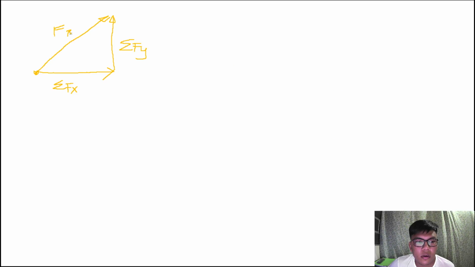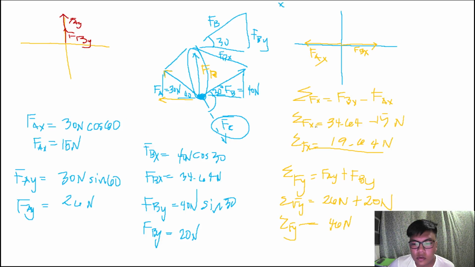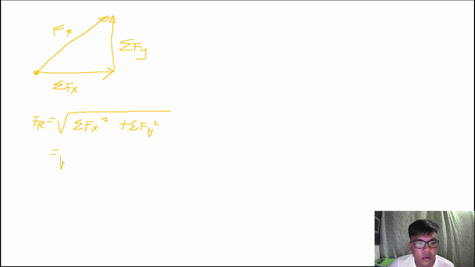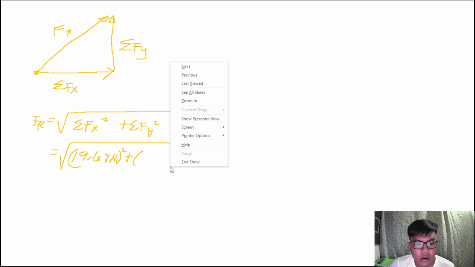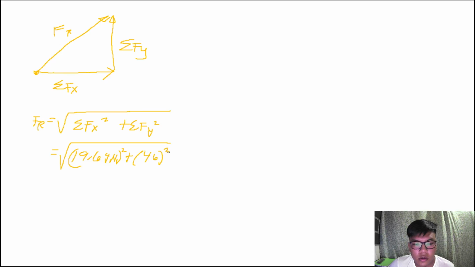FR. Okay, so FR now will be equal to square root of summation of Fx squared plus summation of Fy squared. So we have 19.64 Newton squared plus quantity 46 Newton squared.